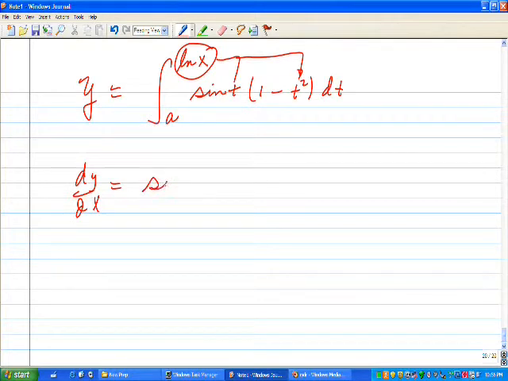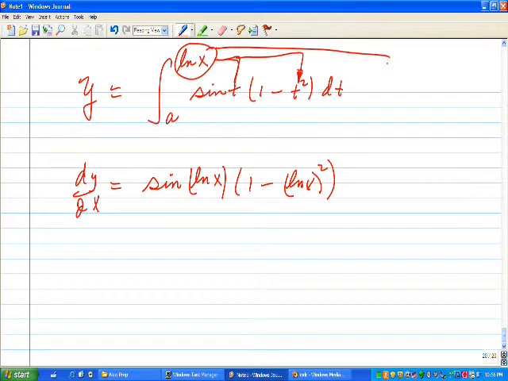So we're going to get sine of ln of x times 1 minus ln of x quantity squared. So you replace the top number everywhere you see a t, but we're not through yet. We need to multiply it by the derivative of the top function, which is 1 over x. Remember, if y is equal to ln of x, dy dx is equal to 1 over x.